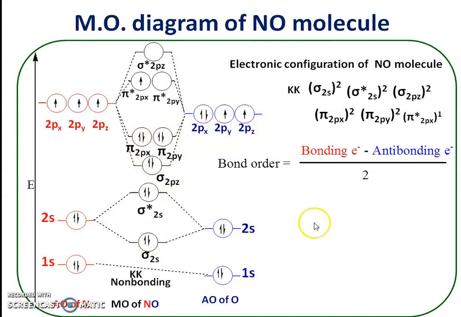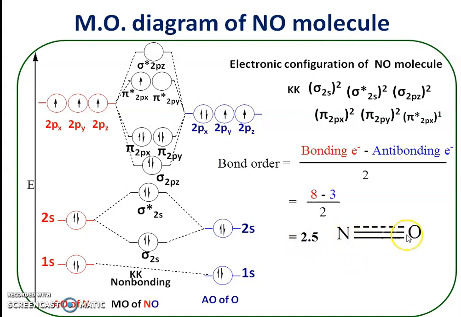So 6 plus 2, that is 8 bonding electrons, and sigma star 2s2 and pi star 2px1, that is 3 anti-bonding electrons. So 8 minus 3, upon 2. When it is solved, it is 2.5. It means the bond order is 2.5.